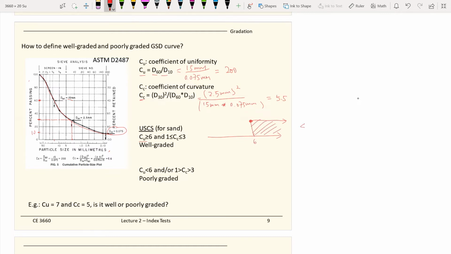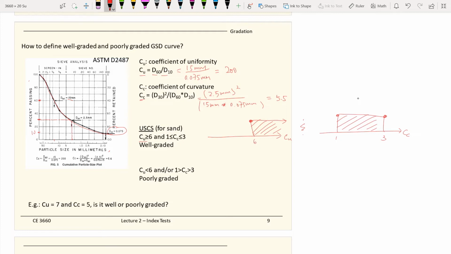And this is an AND scenario with C sub C between 1 and 3. So this is the C sub U, and this is the C sub C, which needs to be between 1 and 3.